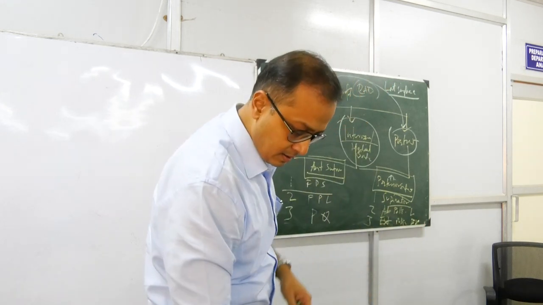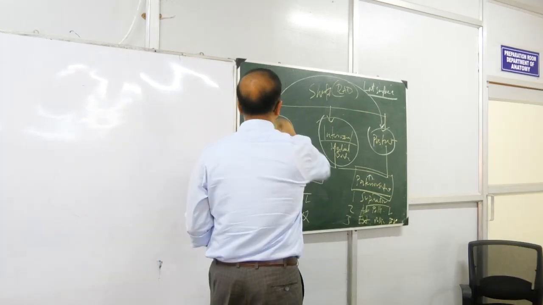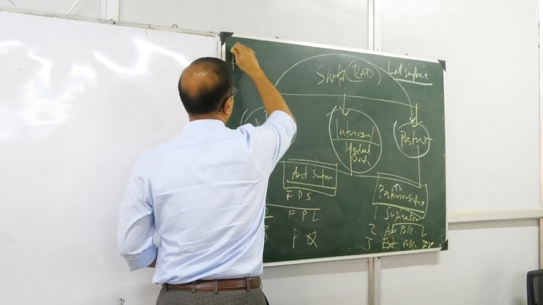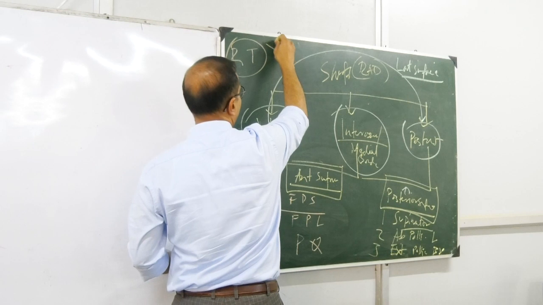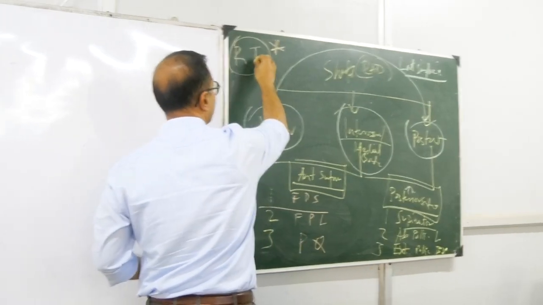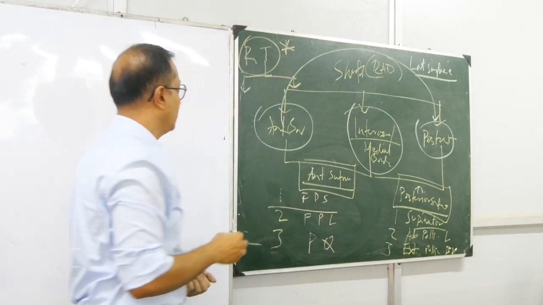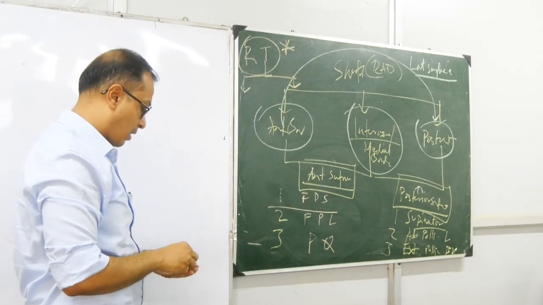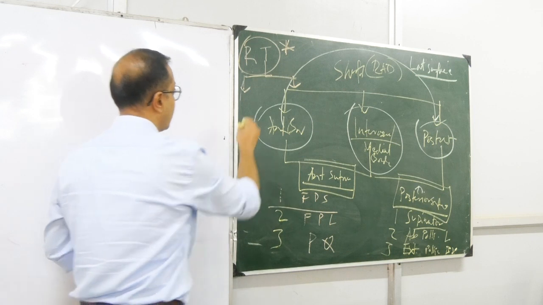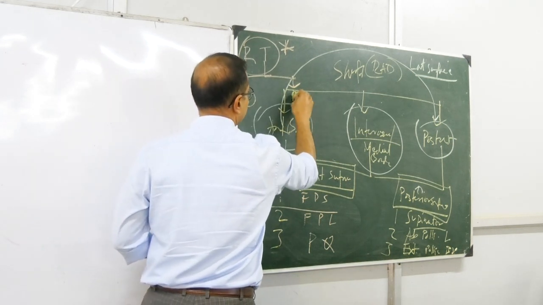Apart from that, we have the radial tuberosity, which is a point of concern. The radial tuberosity, that particular bony part present on the medial side, can be divided into two parts: an anterior part and a posterior part.